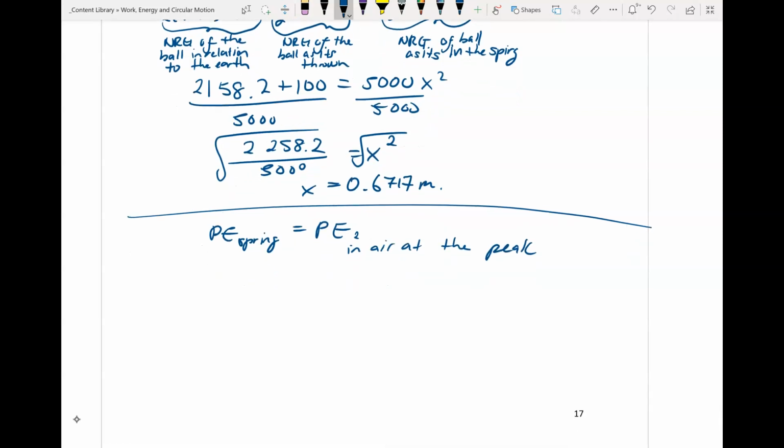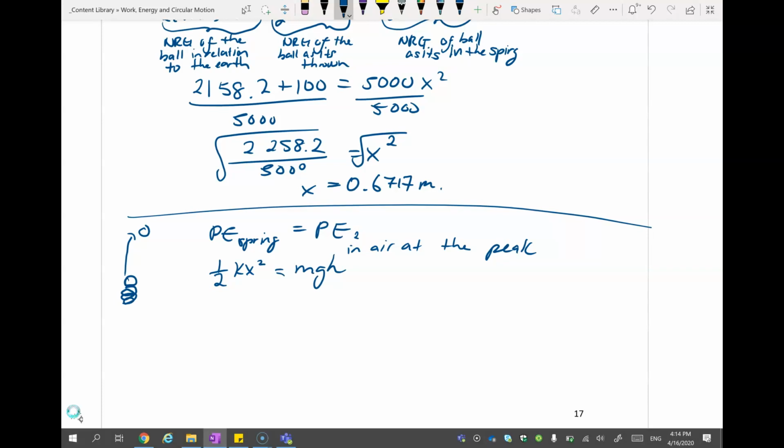So in our energy diagram, if you want to have that, this is the potential energy as the ball is being held in the spring, and it's going to go up. We're looking at the potential energy when the ball's in the air at the very peak. So when it's in the spring, it's going to be a half kx squared. When it's in the air, it's mgh. So I'm looking for h because we're looking for the height of this ball.